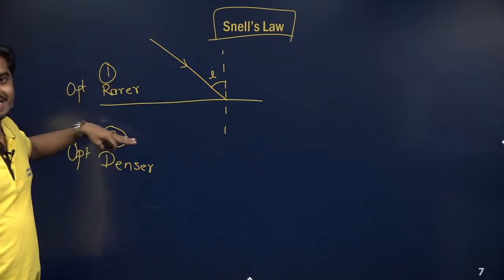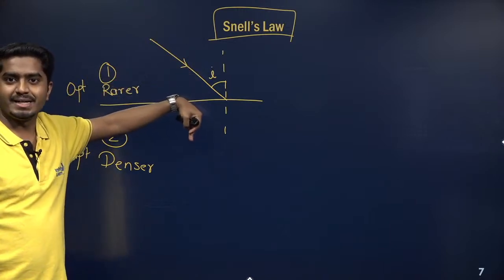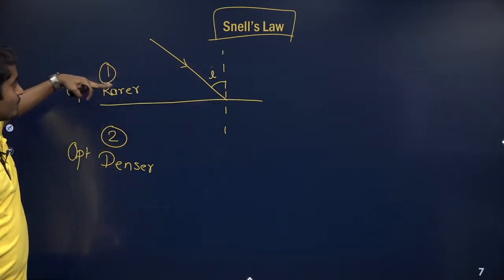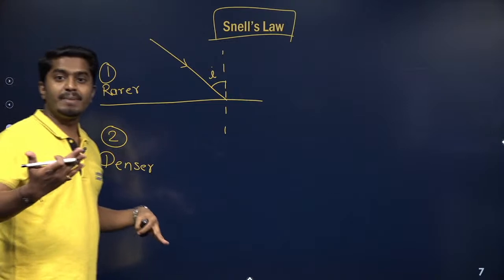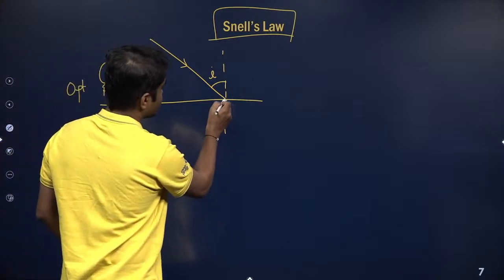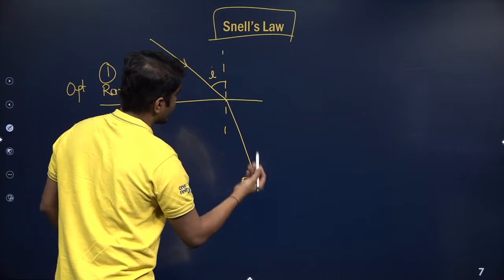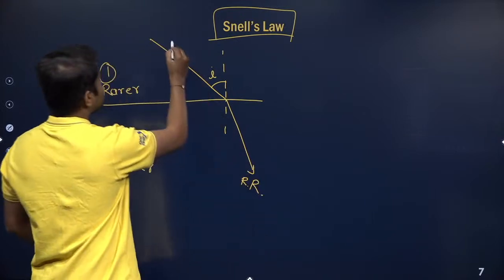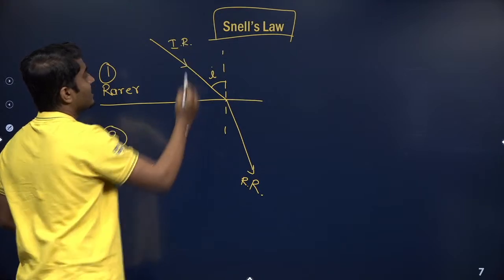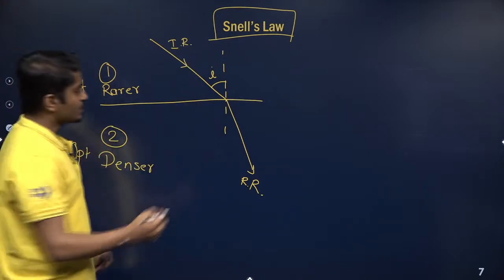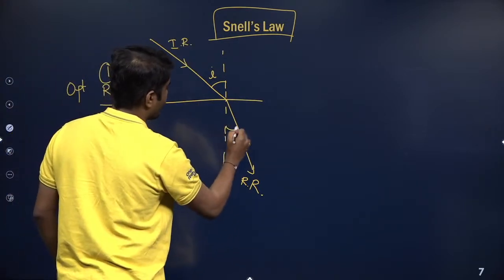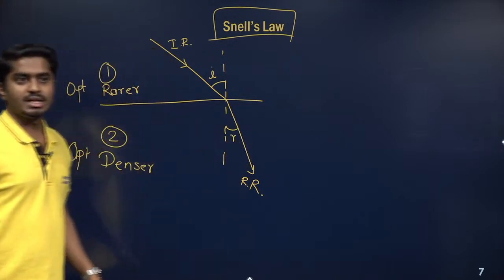Ray will bend, and when it goes from the rarer to the denser medium, it will bend towards the normal. So something like this. There is an incident ray and the refracted ray, and this is called the angle of refraction.